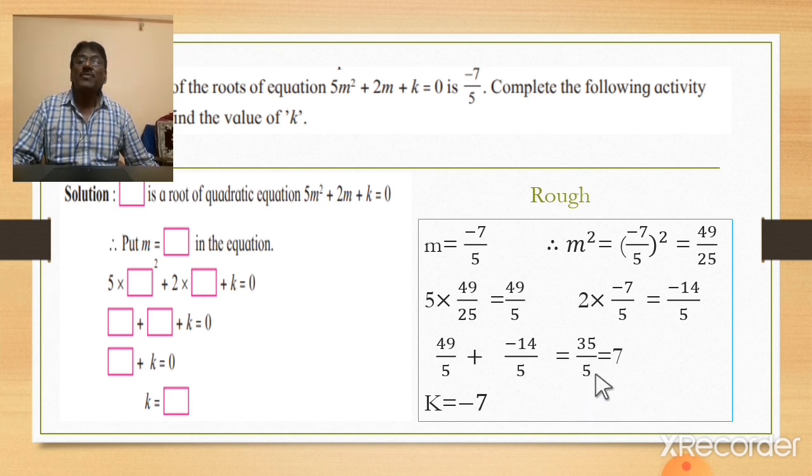Now 35 upon 5, if you divide 35 by 5, then we get 7. Therefore here we write 7 plus k equal to 0. Therefore k equal to the transposition of plus 7, which is minus 7. Therefore the value of k is k equal to minus 7.